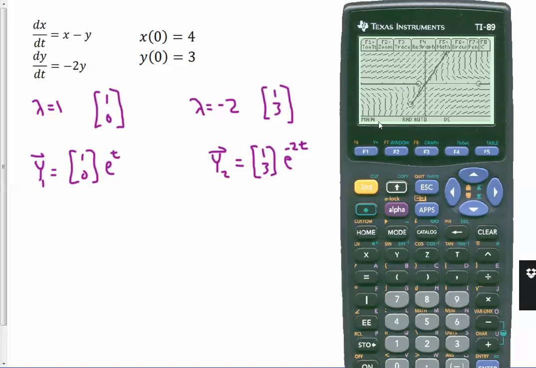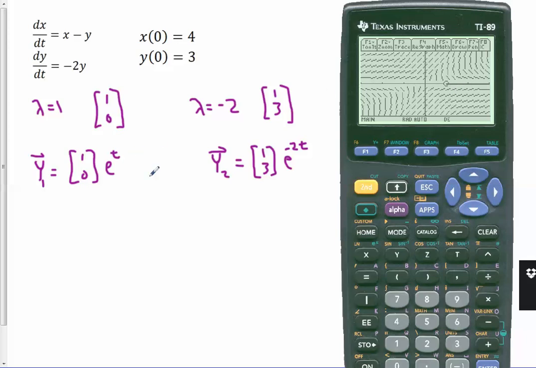Here they are again. The 1, 0 would be here. That was this straight line. Any multiple of that would be here, and it stays as just a multiple of 1, 0 as a vector. But the e to the t part is saying how fast it goes out along that line.